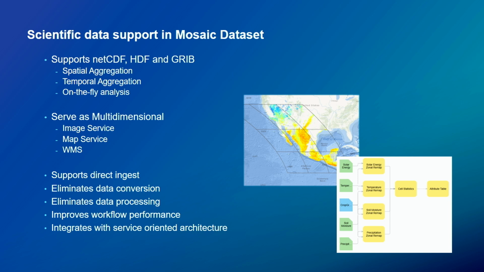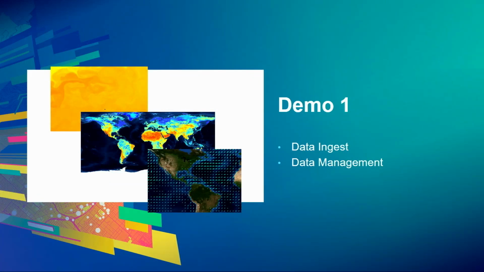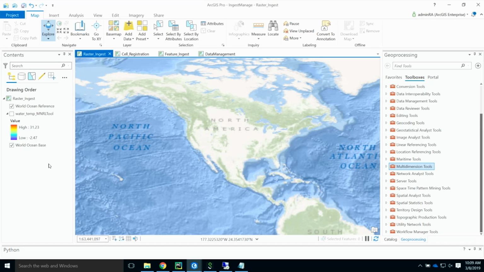Some of the direct benefits you get is that it's a direct ingest. It eliminates data conversion, eliminates data processing, improves workflow performance, and integrates with service-oriented architecture. That is why using Mosaic Dataset is very powerful. So with that, I'll hand over to my colleague, and she will show you how we ingest scientific data.